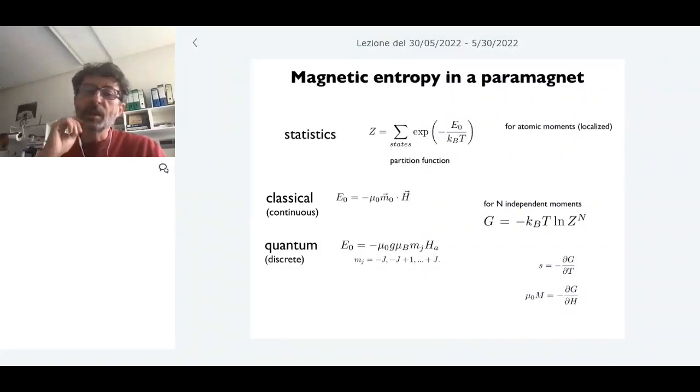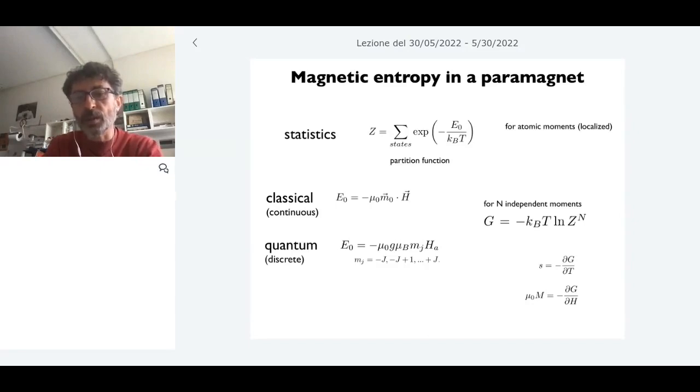It's easy to compute the magnetic entropy for a paramagnet, because in statistical mechanics, this is a bit dedicated for those who know a bit of physics, you just sum up the partition function. That is, you make the statistics of these moments and you suppose them localized.